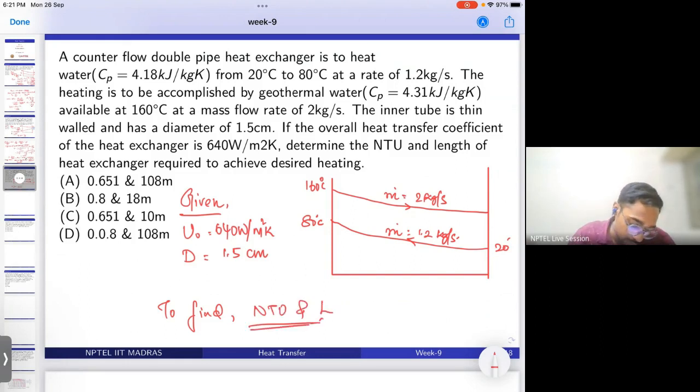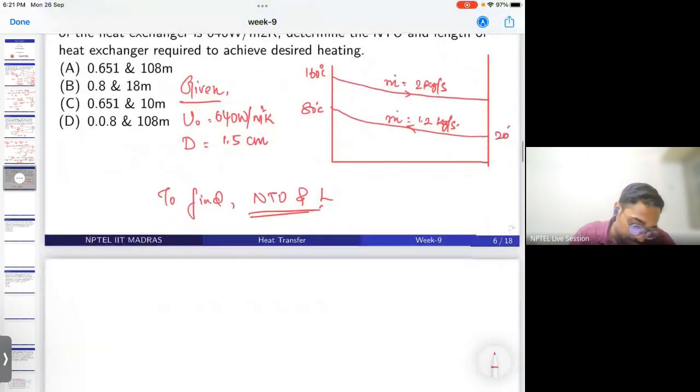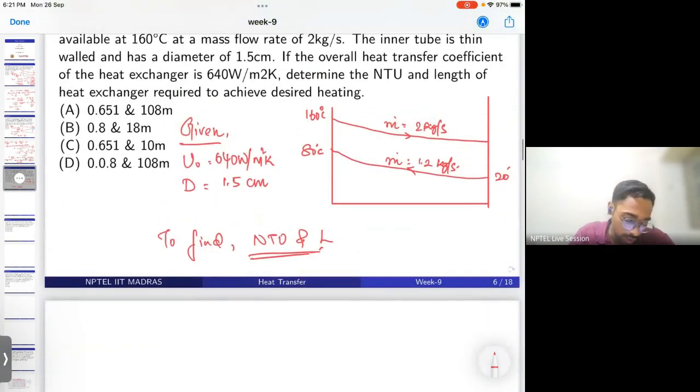Okay, so here from energy balance we can find out what is THO.